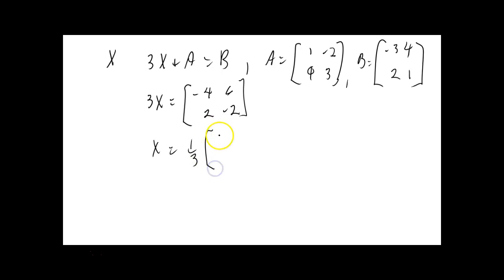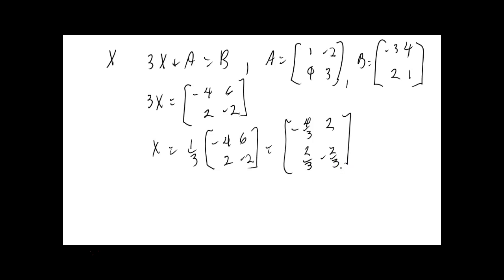Right? 1/3 of that whole thing. Negative 4, 6, 2, negative 2. Or if you wanted to actually multiply it through, that would be negative 4/3, 2, 2/3, minus 2/3. I don't know how the book left it. Let's see. Yeah, negative 4/3, 2, 2/3, negative 2/3. Got it.